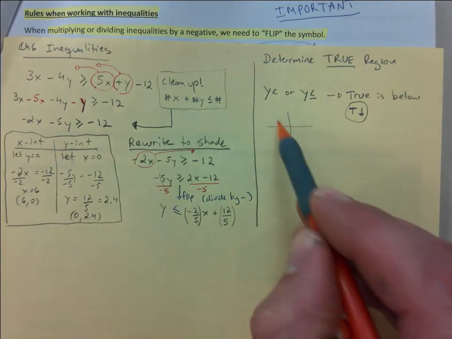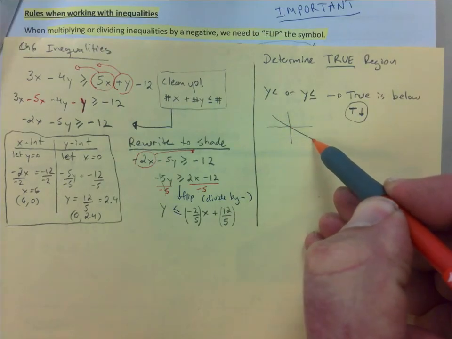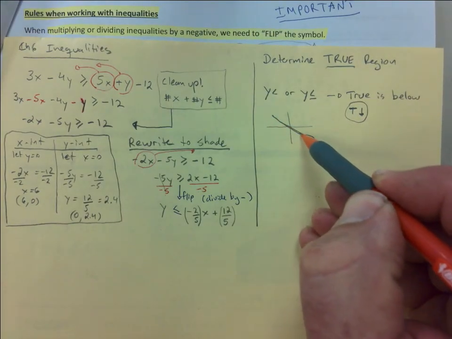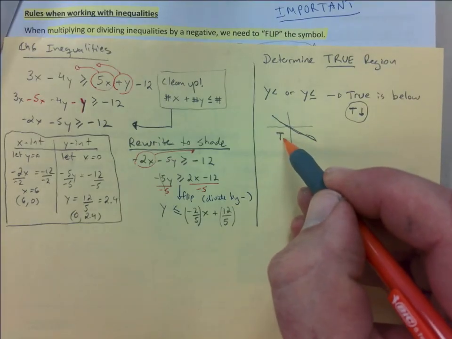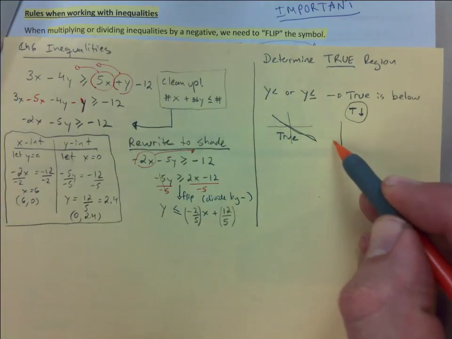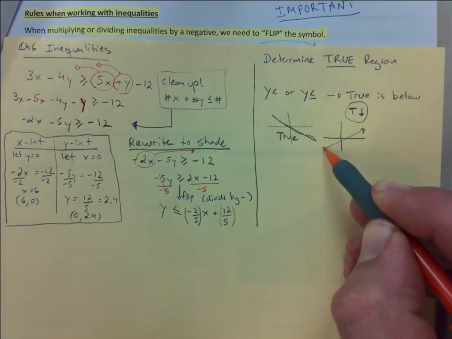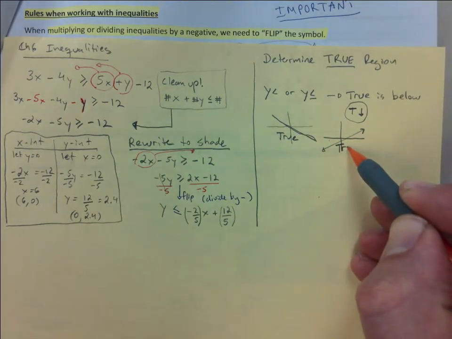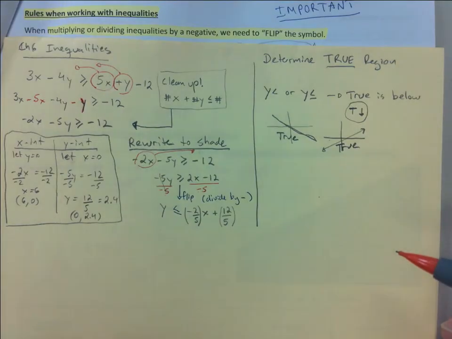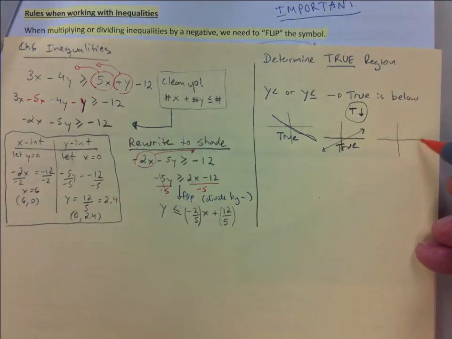So if you have your line like this, and this is the diagonal, true is below. Okay. I'll give you several versions of a line. You've got the diagonal lines. And don't forget your special case.